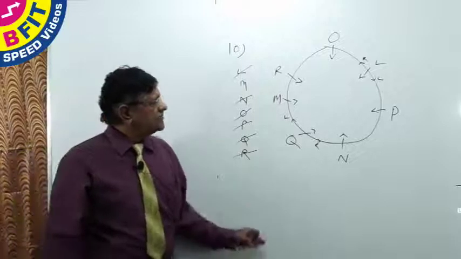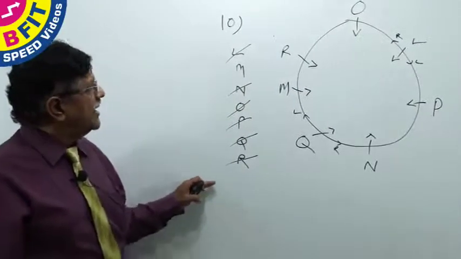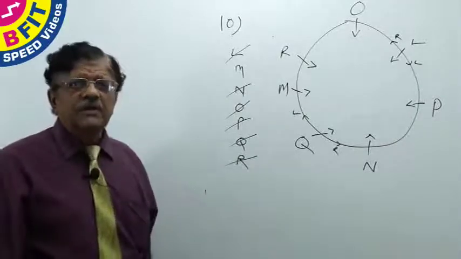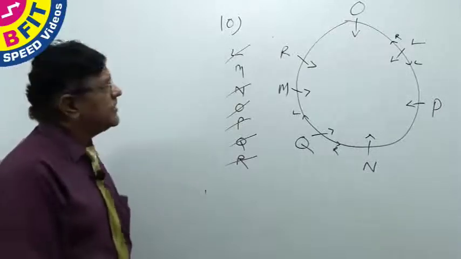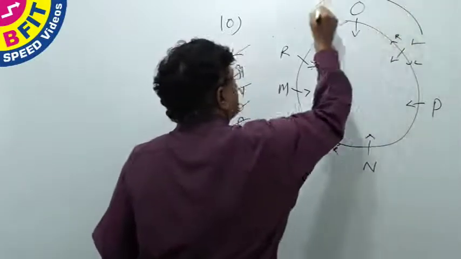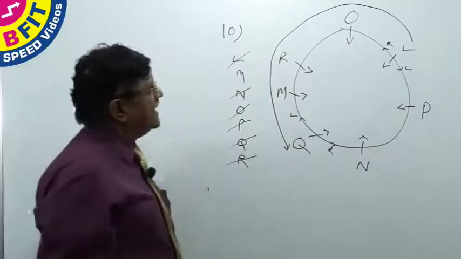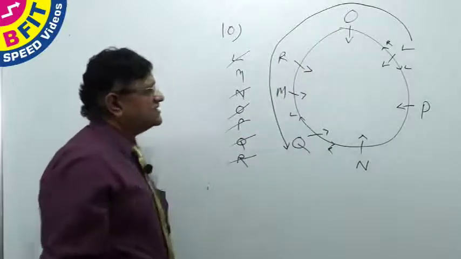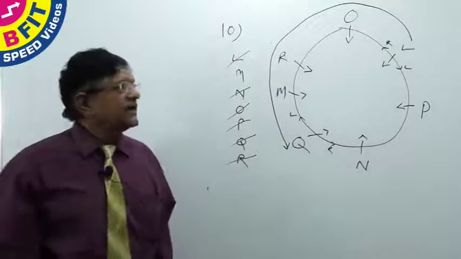Now this is the diagram that we have earlier drawn, where we have plotted the position of L, M, N, O, P, Q, R. Now what is this question asking? How many persons are seated between L and Q if we count anti-clockwise from L and Q? This is anti-clockwise from L. Between L and Q, how many persons are there? 1, 2, 3. 3 persons are sitting between L and Q if we count anti-clockwise.